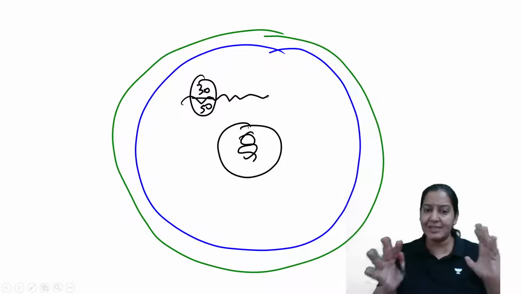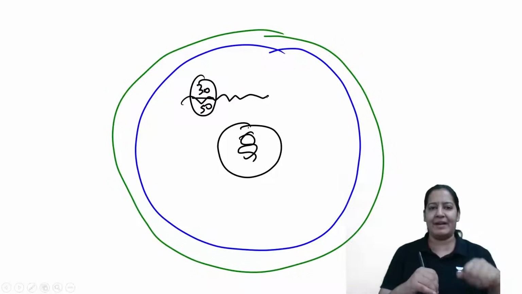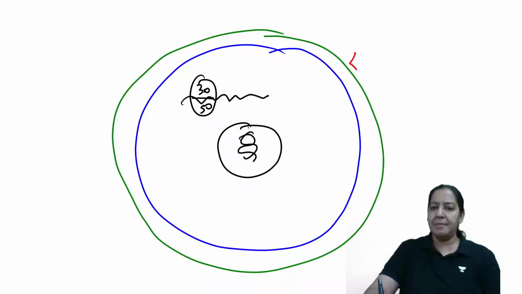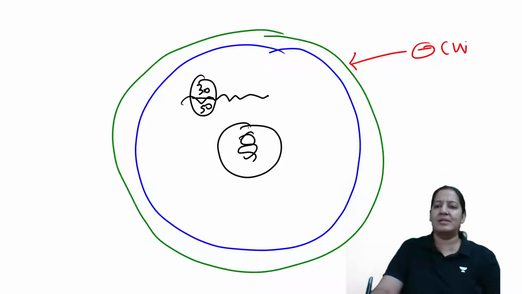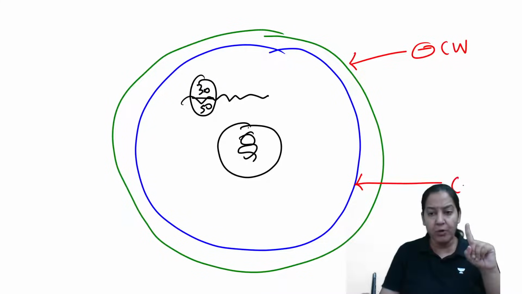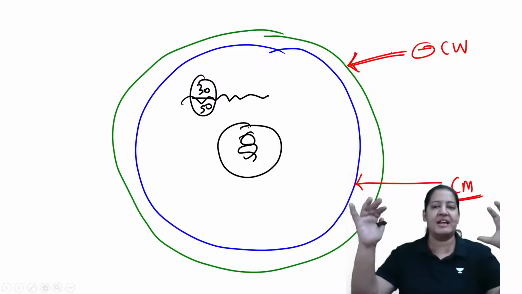If we want to kill this bacteria, or if we want to inhibit cell division in this bacteria, there are four mechanisms. The first: there are some antibiotics which inhibit cell wall synthesis, the outermost green color cell wall.